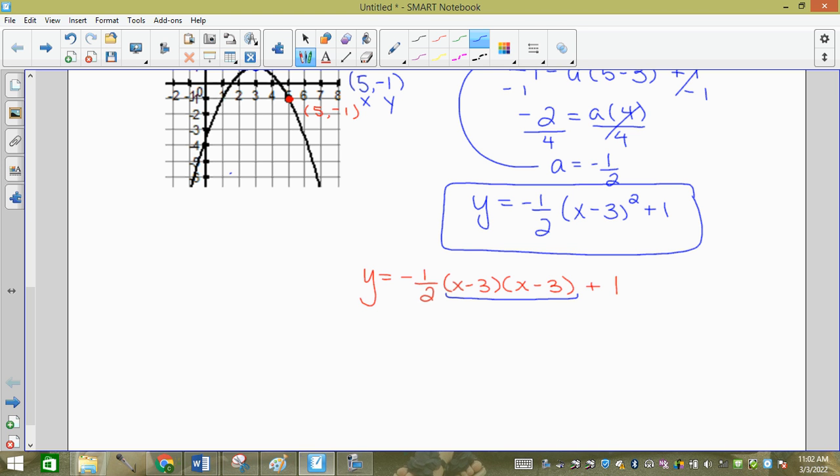Okay? So here I'm going to go negative 1/2, and then I FOIL this. When I FOIL it, I go first times first. x times x is x squared. x times negative 3 is negative 3x. x times negative 3 is negative 3x. And then negative 3 times negative 3 is 9.